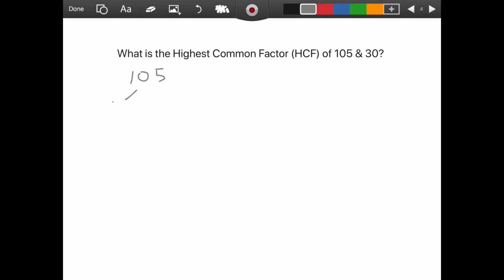Three, right? You get 35. Is there any other prime factor that is divisible into 35? Yes, of course, 5, right? And you get 7. That's it? Yes. How about 30? 30, the prime factor is 2, you get 15. How about 3? You get 5, right?